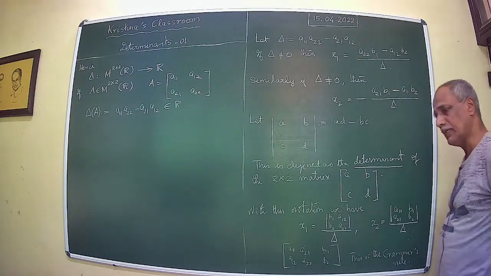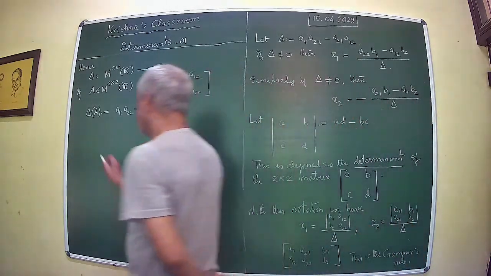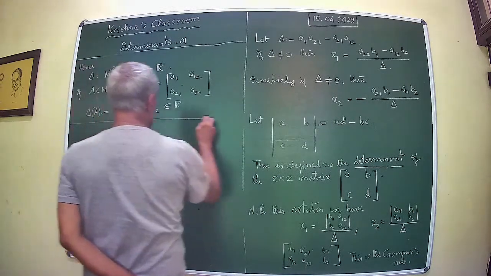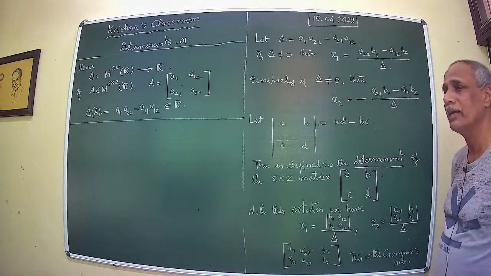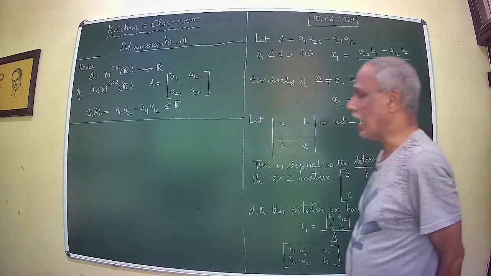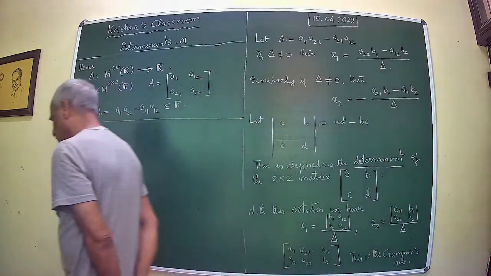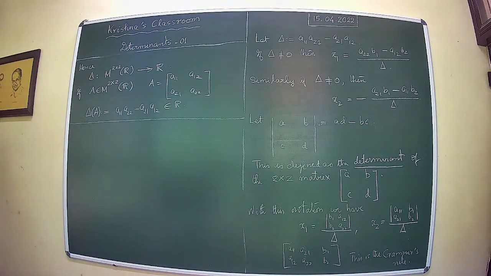Okay, but what are the properties of this map? So it associates with each 2 by 2 matrix a real number. It's not an arbitrary real number that you map.